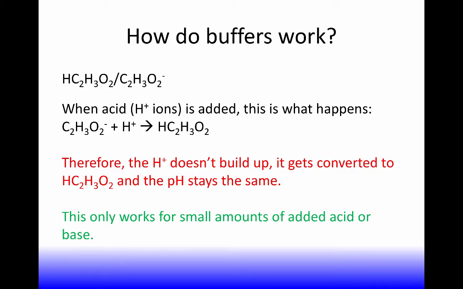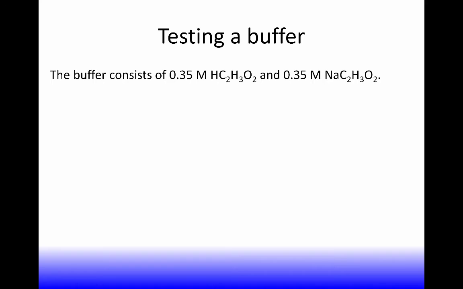Now, I'm going to show data from a demo that I normally do in class, but since I can't do it this year, I'm just going to provide the data. Okay, so we got a buffer. This one was made of 0.35 molar acetic acid and 0.35 molar sodium acetate. So the molar concentration of the acetic acid and the acetate ions are the same.